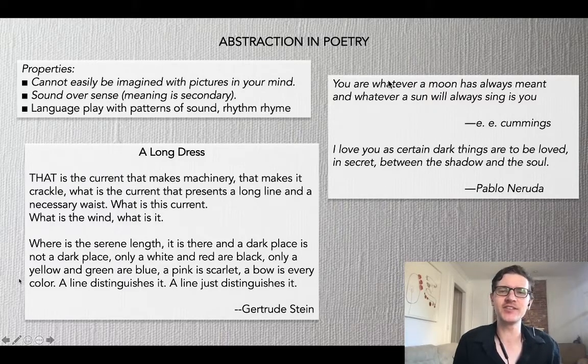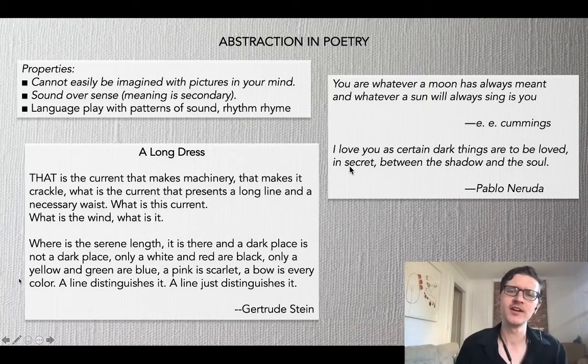So it's these two words, whatever. It could mean a million different things, whatever it means. Always meant is you. And that's lovely. There's something lovely about it, but what it means on a concrete level, there's not much to say, really. So these lines just are, and they're lovely.